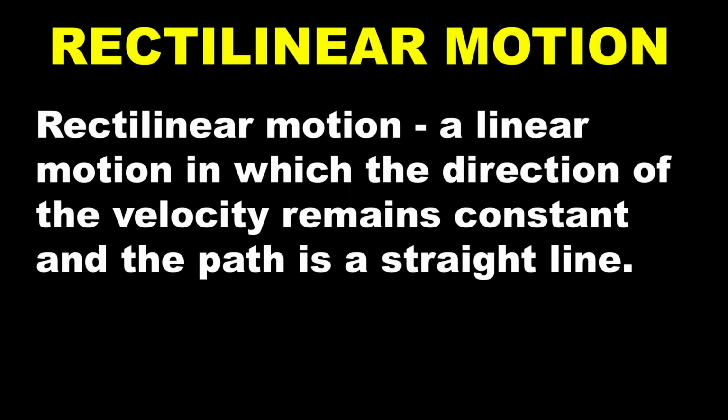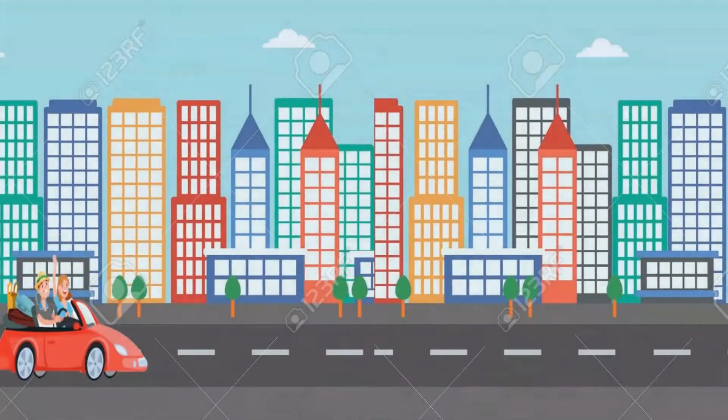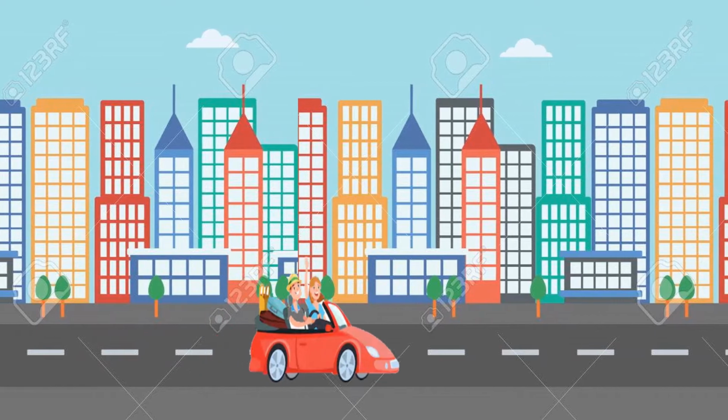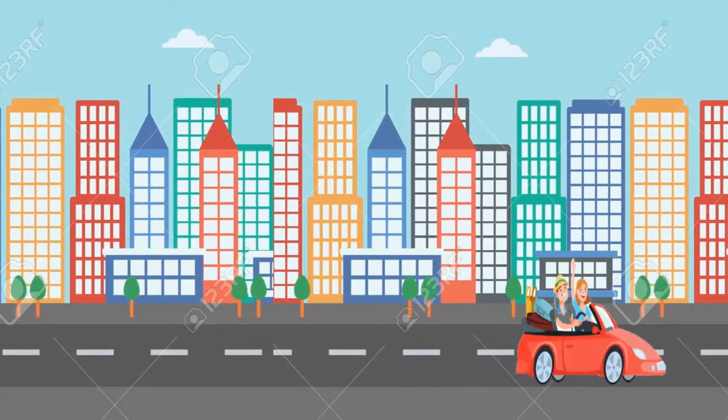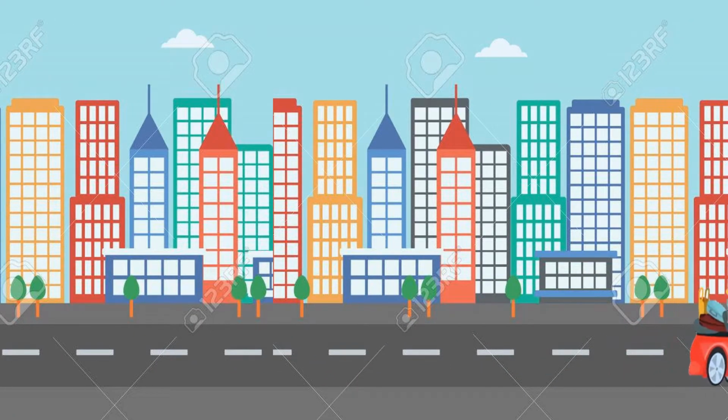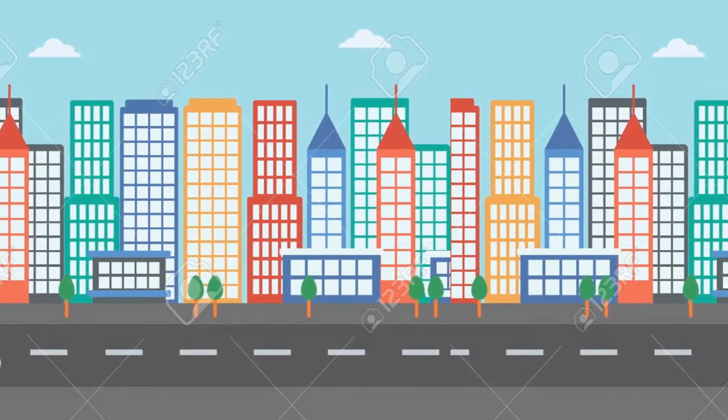Very simple. So there are lots of examples. Any vehicle moving on a straight path, the light from the bulb or the light coming from the sun and stars, they always travel in a straight line. So these are the common and the best examples of rectilinear motion.